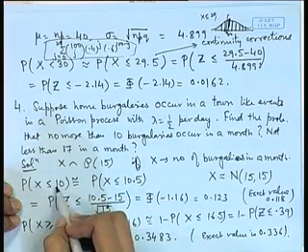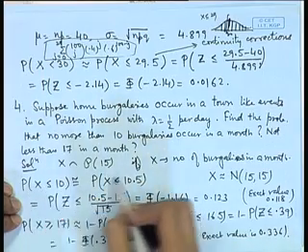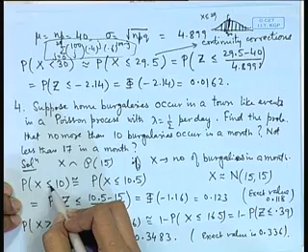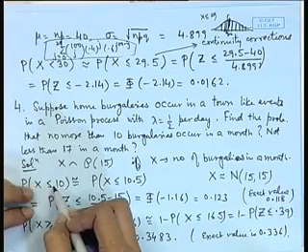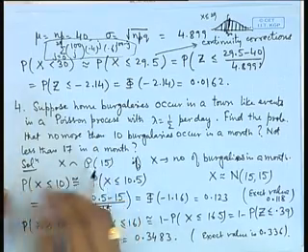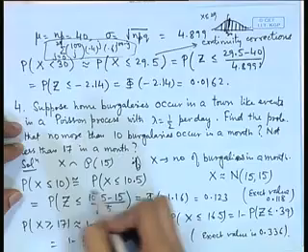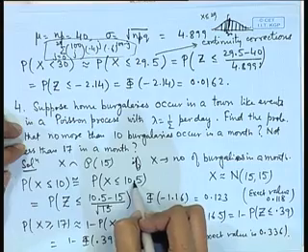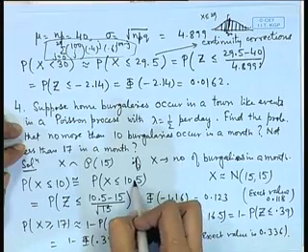So, probability x less than or equal to 10. Again we make use of the continuity correction. Since it is less than or equal to 10, it is the same as probability x less than 11. So, in the normal distribution it could have been calculated as x less than or equal to 10 or x less than or equal to 11. As a continuity correction, we take the midpoint, x less than or equal to 10.5.